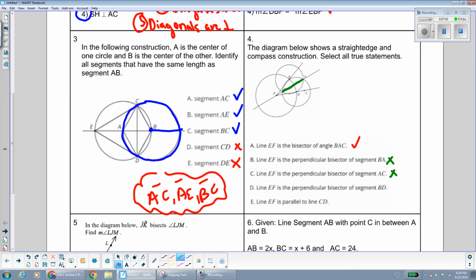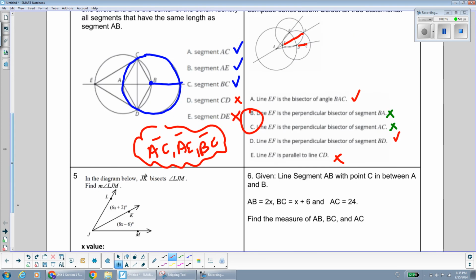EF is the perpendicular bisector of segment BD. That's true. EF is parallel to CD. Absolutely not. Sorry, I said B and C. A and D, the ones with the check marks, are the only true statements here.